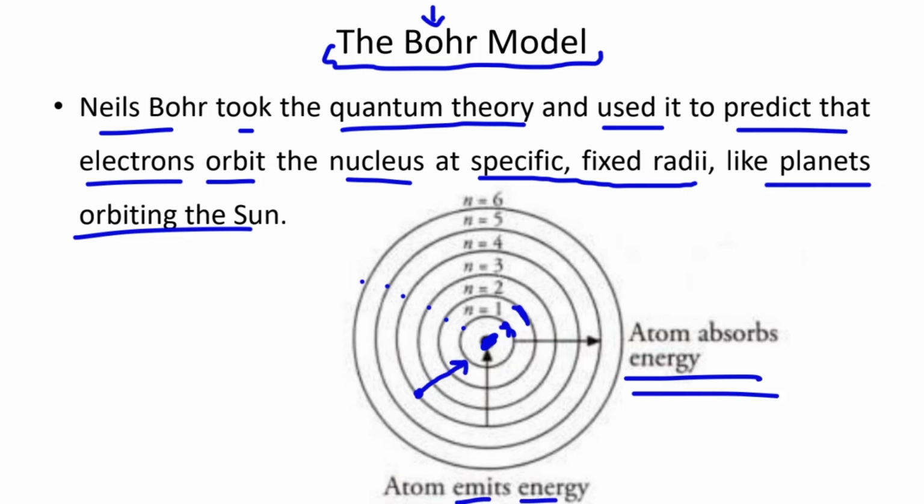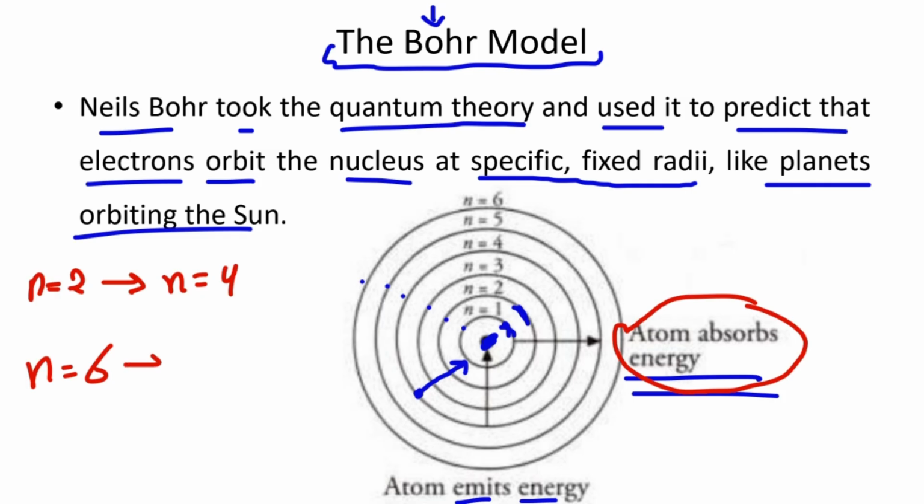Again, in order to move an electron from n equals 2 to n equals 4, what is going to happen? The atom will absorb energy. If we move the electron from n equals 6 to n equals 1, so we are going backward, okay? The atom will emit energy, okay?